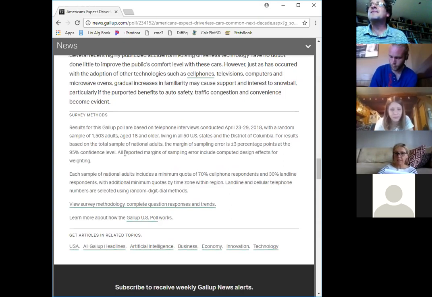Now, remember, that's for the confidence level, but that's not the confidence levels that we're talking about. They said that 53%, does that make sense? Oh, 53. Of Americans believe that self-driving cars will be common. So now the range, if you go down 3% and up 3%, you go from 50% to 56%.